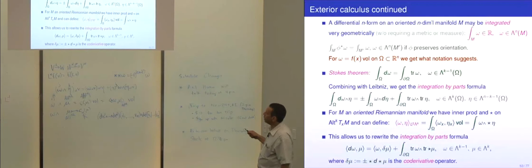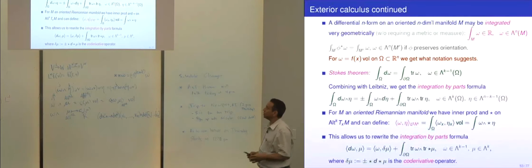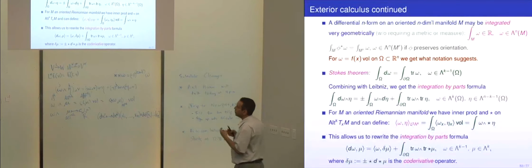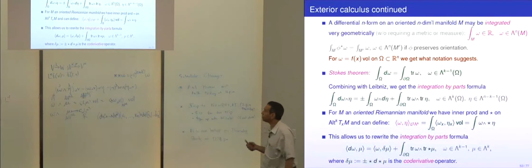On the other hand, the trace on the boundary, the pullback of the inclusion, will make this a k minus 1 form on the boundary. The boundary of omega is a k minus 1 dimensional manifold, so you can integrate that, and those are equal. That's Stokes' theorem. And that includes, as special cases, the fundamental theorem of calculus, the divergence theorem, Green's theorem, Stokes' theorem, as we learned it in calculus.